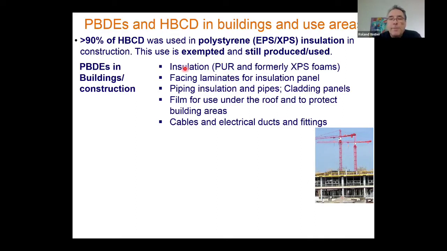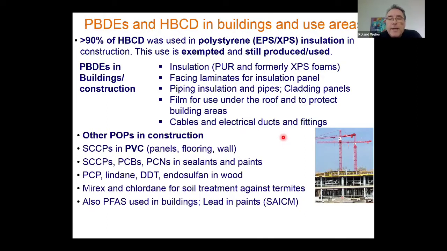Then it has been used and is possibly still used in laminates of insulation panels, in piping, in films under the roof to protect building areas, and also in cables and in ducts of fittings. And there are other POPs in construction. So when you think about plastic and polymers in construction, I would recommend you not only look at the brominated flame retardants, but also at chlorinated paraffins.